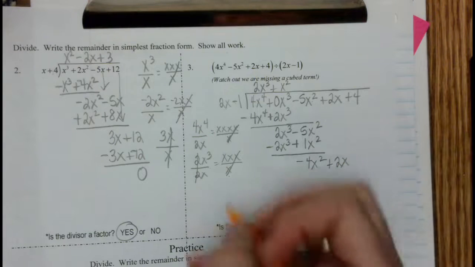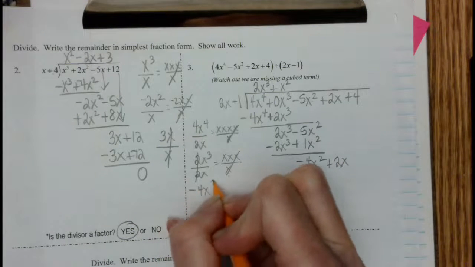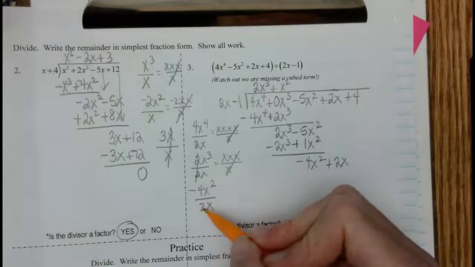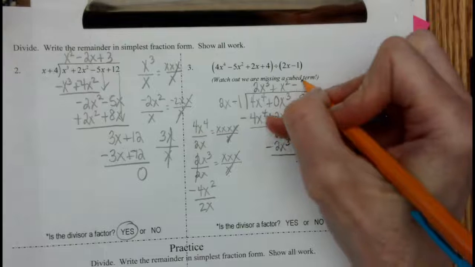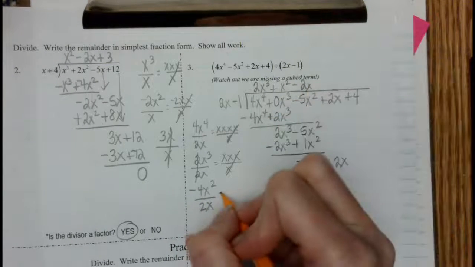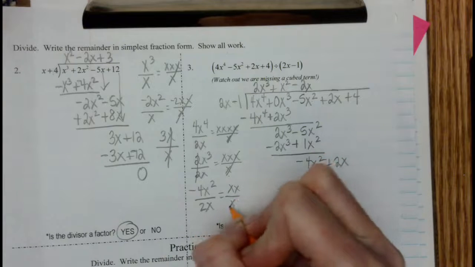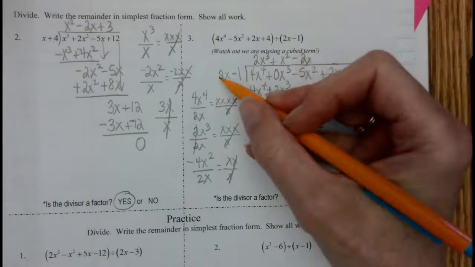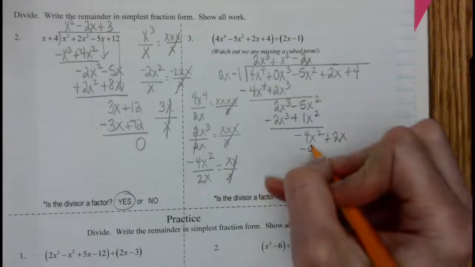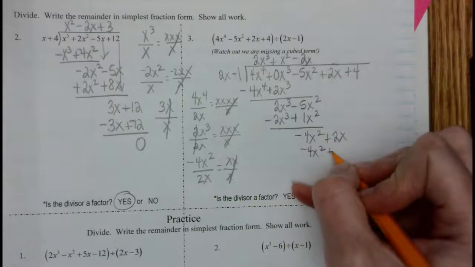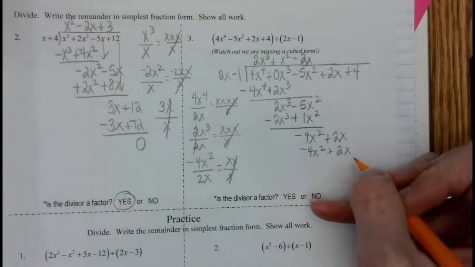Go through that process again. Negative 4x squared divided by 2x. Negative 4 divided by 2 is negative 2. x squared divided by x is x. Again, if you need to, x times x divided by x. Negative 2x times 2x is negative 4x squared. Negative 2x times negative 1 is positive 2x.